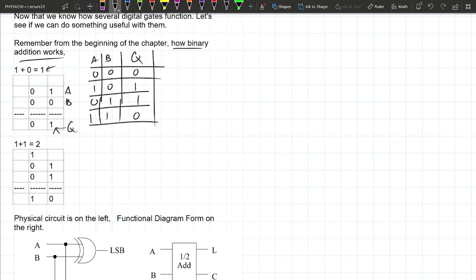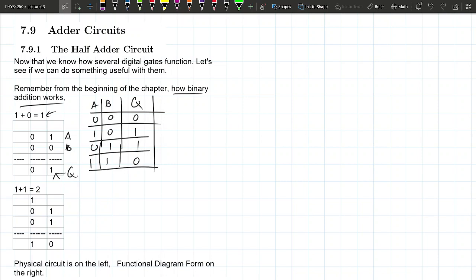Can you guys think of any logic gates that we learned so far that do that? An XOR gate. Yeah, so don't peek below. So this is basically the operation of an XOR gate. So figuring out what this number is, is an XOR operation. So we can put an XOR here.